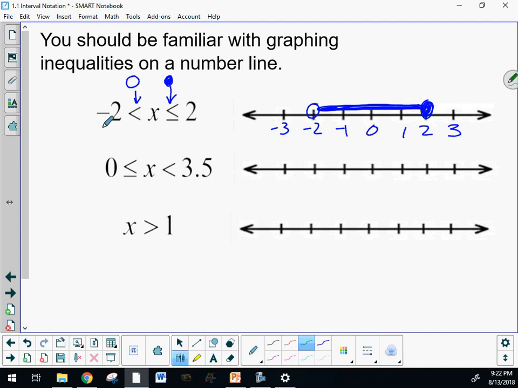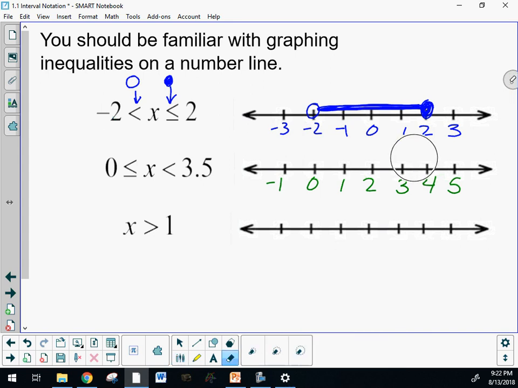All right, so this next one says that x is greater than or equal to 0, but less than 3.5. Please don't let a decimal or something like this throw you off. I'm going to start this at -1. So for what we're doing in class, that 3.5 on the right side, we can just notate that it's 3.5.